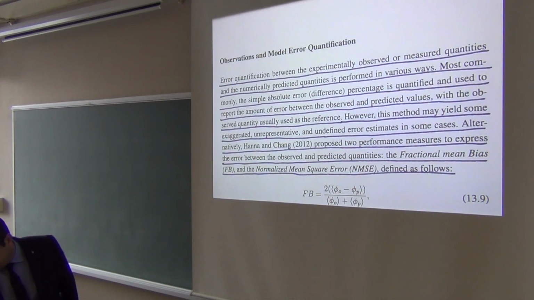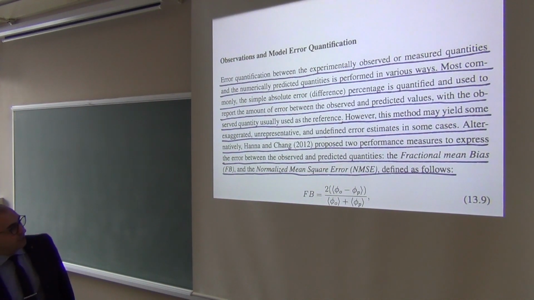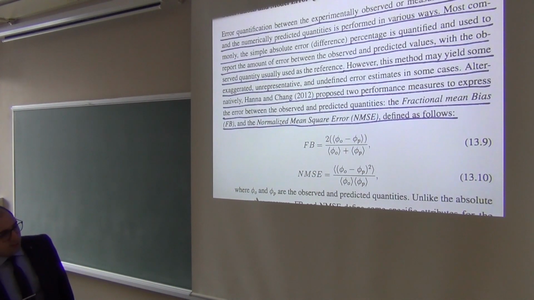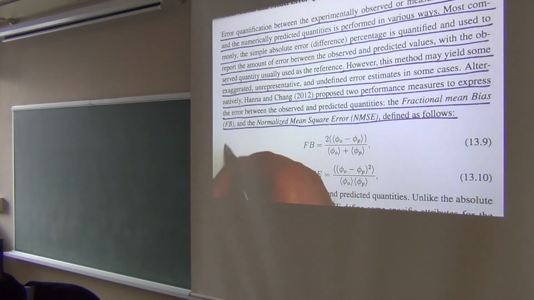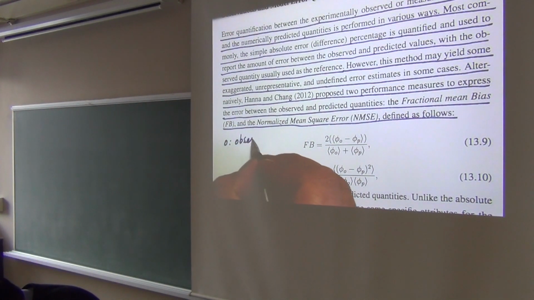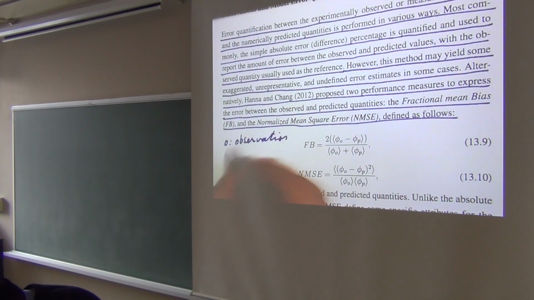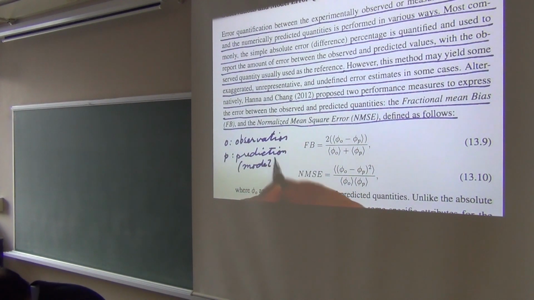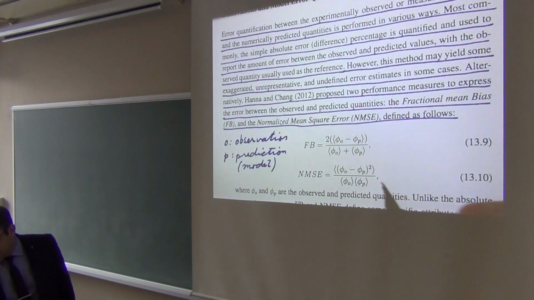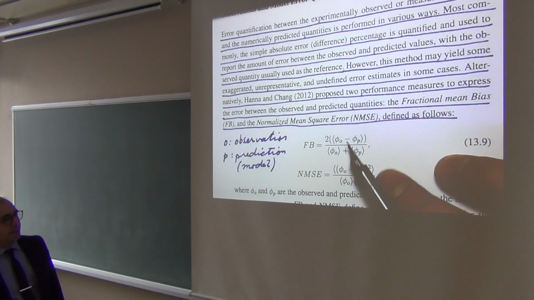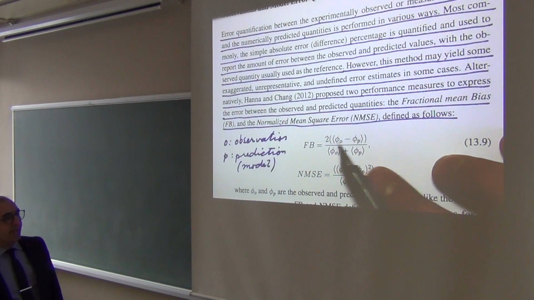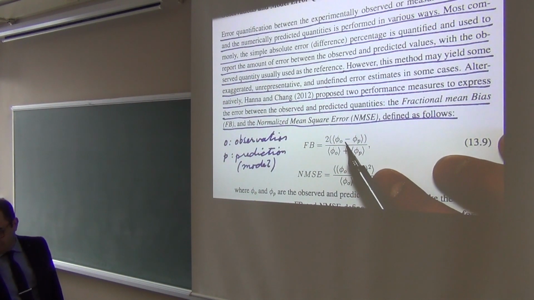Suppose that you have a bunch of observations, phi O, and phi P is a bunch of predictions. I mean, P for model, right? So O for observation, P is for prediction, for model. You can calculate the average of the absolute error. Remember, I'm putting angle brackets to signify taking the average.